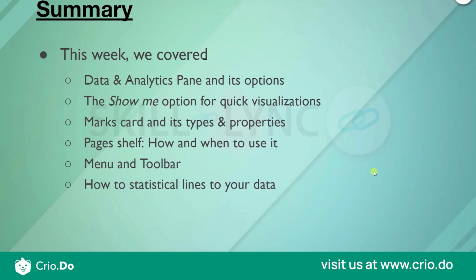We have seen the Show Me option for quick visualizations, a bar graph, the different types of graphs in the quick visualizations, how to use them, and how to toggle between each visualization if the view does not fit our particular requirement.